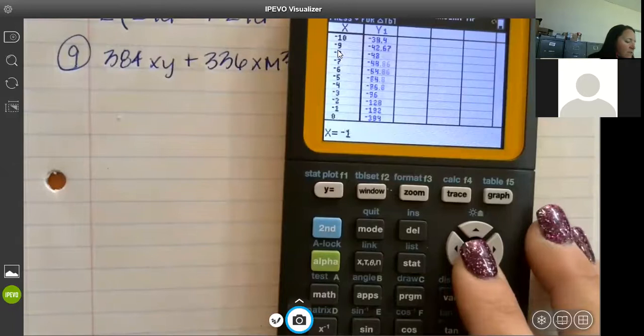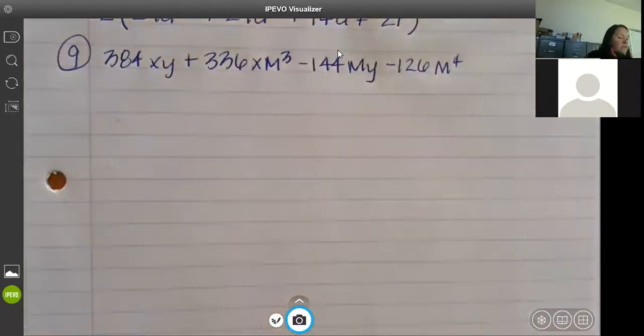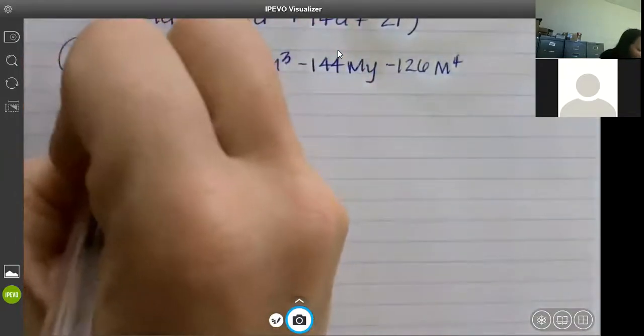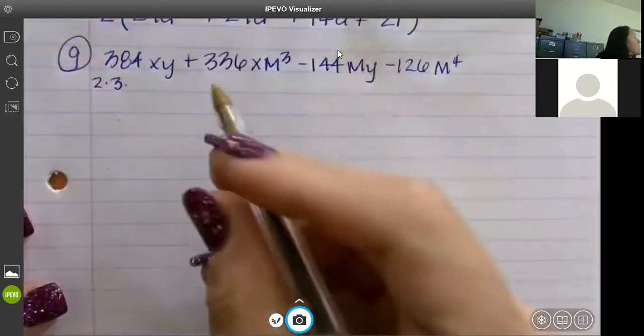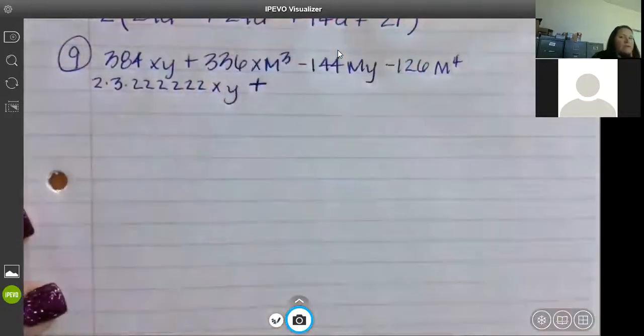I don't like the negatives, so if you don't like the negatives, go the positives. 6 and 64, I can pull those out too. I know what that is. So the factors of 6 are 2 and 3. The factors of 64 are 8 times 8. So 6 2's, an x and a y, big fat plus.